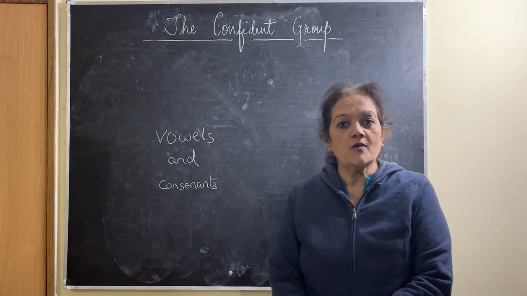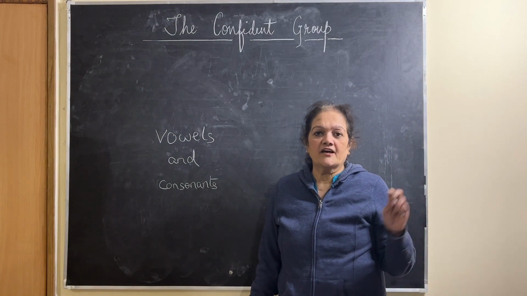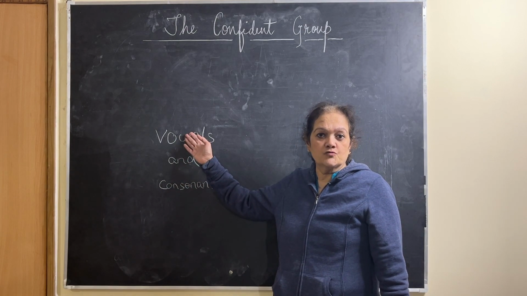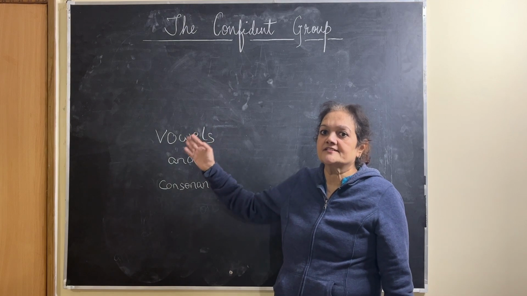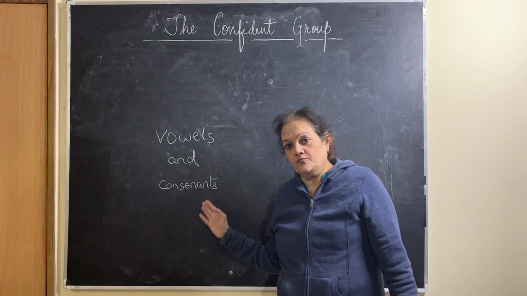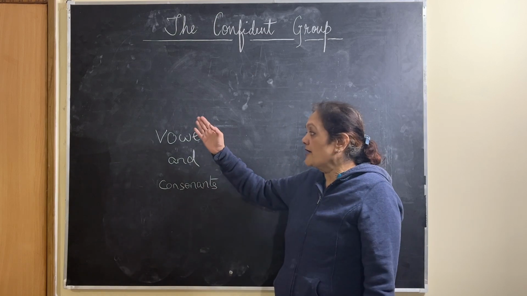And what are vowels? Vowels are those five letters used in the English language: A, E, I, O, U. And consonants are all the other alphabets besides A, E, I, O, and U.